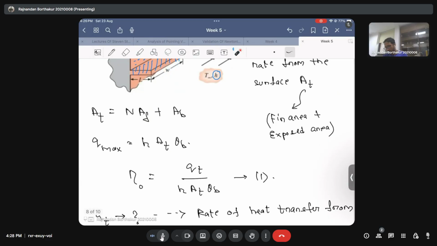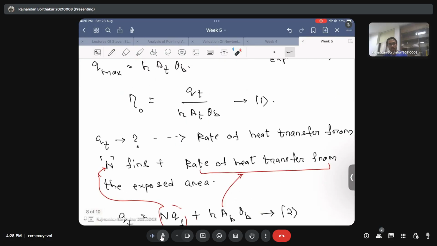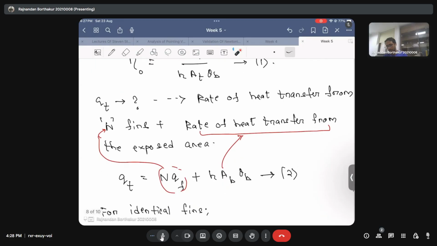Okay, so from that we then try to calculate this Qt, which is just the summation of the rate of heat transfer from the individual fins multiplied by the number of fins plus the rate of heat transfer from the exposed area. The rate of heat transfer from the exposed area is the heat transfer coefficient times AB times theta B, and the rate of heat transfer from the fins is equal to the number of fins times the individual rate of heat transfer from each fin.